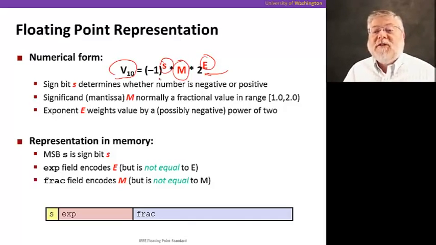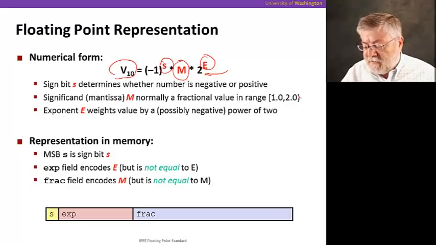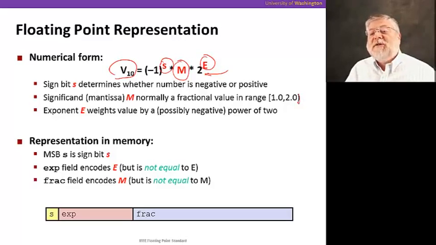Then the significand, or the mantissa, m, is normally a fractional value, something in the range of 1.0 to 2. You notice that it can be exactly 1.0, but just a smidgen less than 2. That's why we use the rounded parentheses on that side. And then the exponent is possibly negative, of course, and multiplies the mantissa by that power of 2.